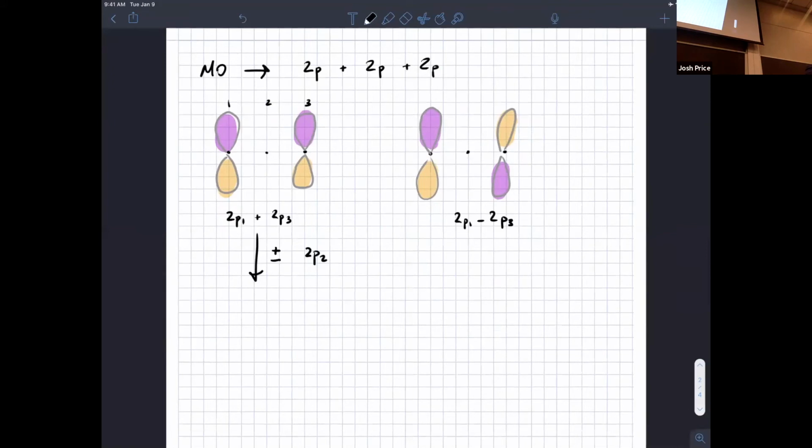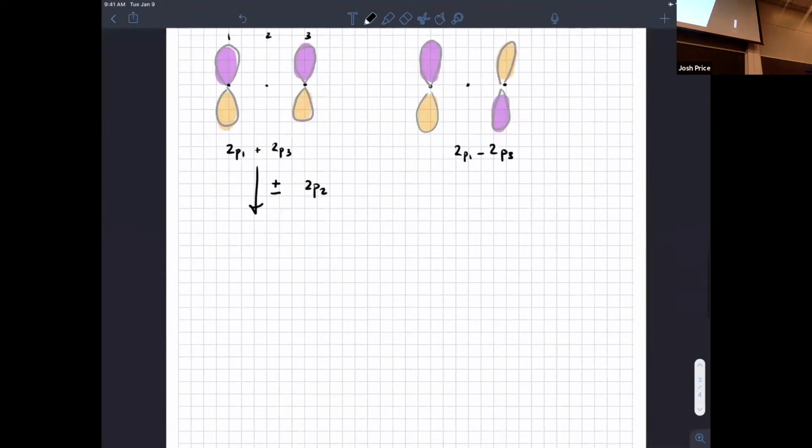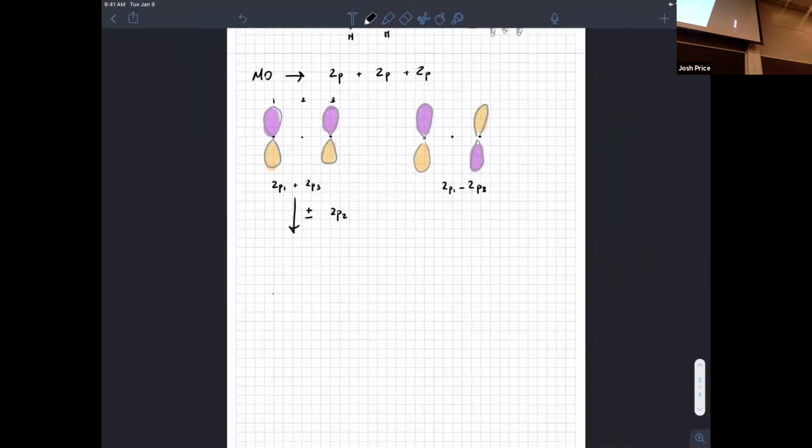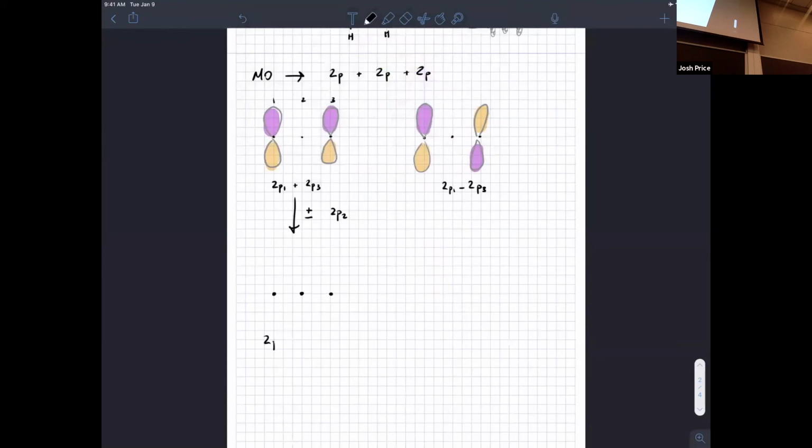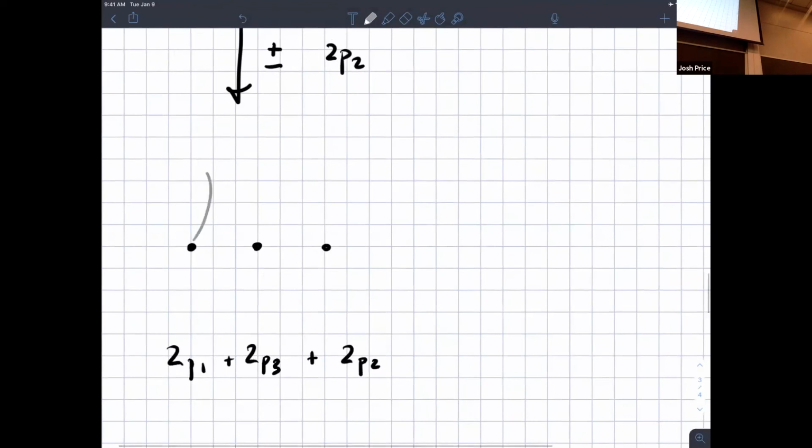We're going to think about the in phase versus the out of phase combination there. All right, well, here's atoms 1, 2, and 3. The in phase combination, where we would take the 2p1 plus 2p3 and then add the 2p2, should look like this.